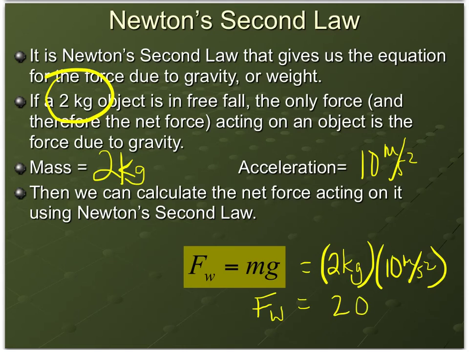Now remember, we typically don't represent that with kilograms times meters per second squared. We represent that with newtons. So if you did not add that to your notes the other day, you might want to jot that down now. 1 newton is equal to 1 kilogram times a meter per second squared.